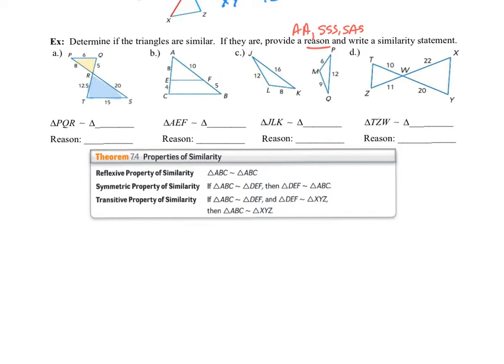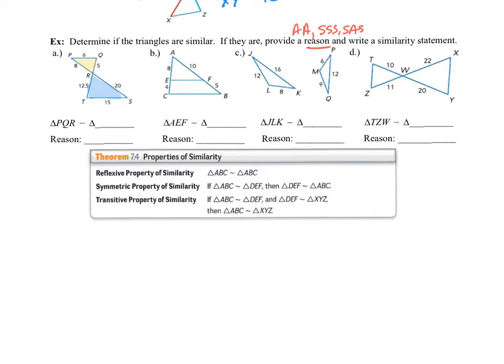So as you look at what we're given, there are maybe a couple ways we could go about this. There are a pair of angles that are congruent, a pair of vertical angles, but we're also given the measures of all three sides. So we could either test to see if these two triangles are similar by side-side-side or side-angle-side. Either way would be fine. I think I'm just going to go ahead and test for side-side-side.